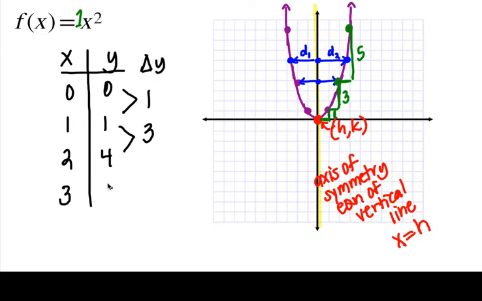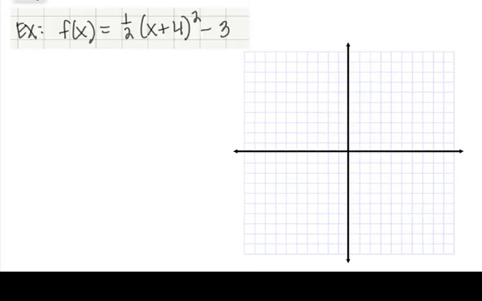When you put a 3 in, you get a 9 out. There's your change in y, which is 5. So we call that the 1, 3, 5 rule. And I use it a lot when I'm graphing parabolas, and I'll use that in the next few examples.